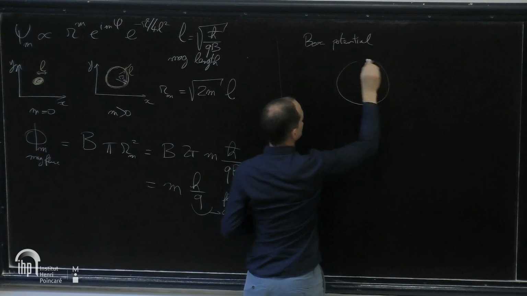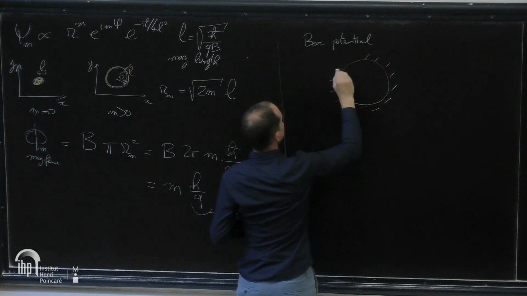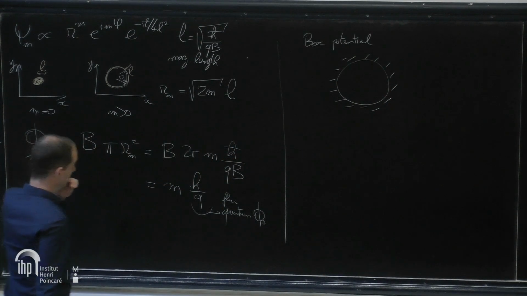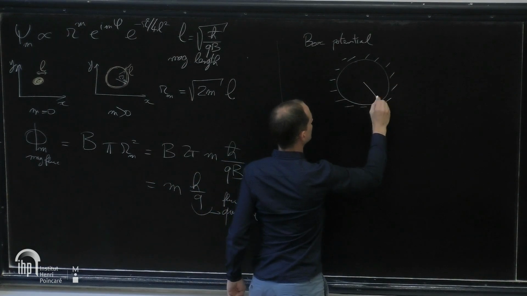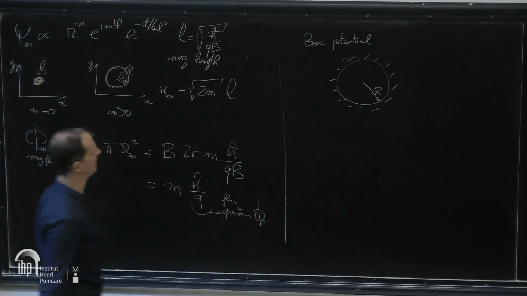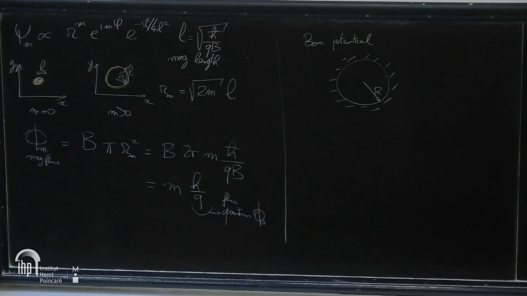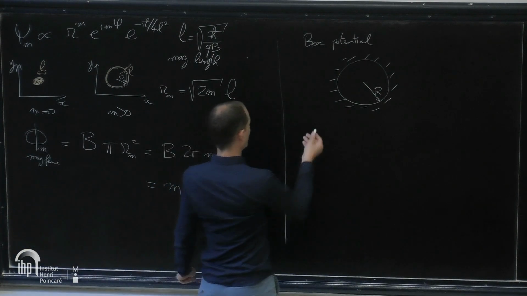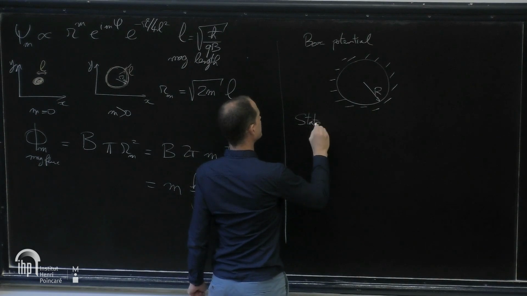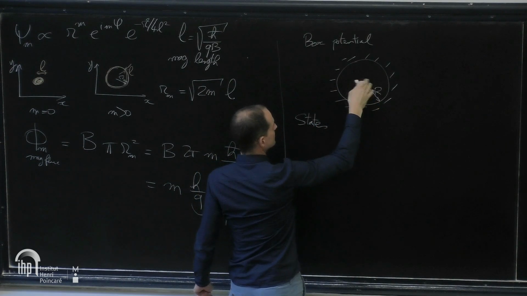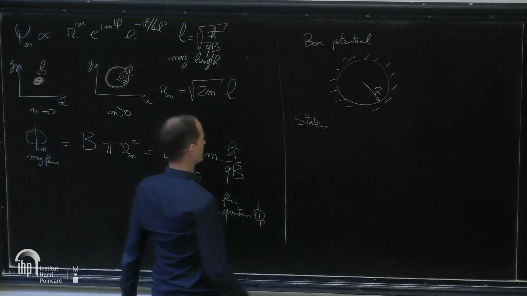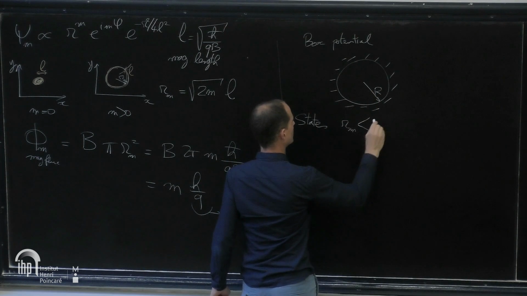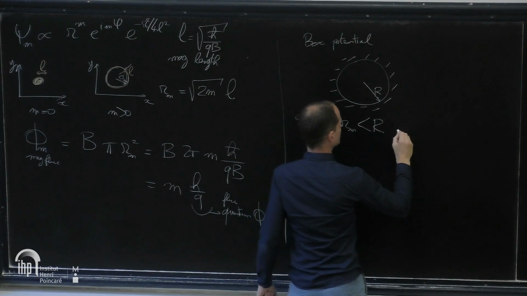I will use a circular box in order to maintain the rotational symmetry, with a radius capital R. And this box potential will actually lift the degeneracy between the states of the Landau level. But of course, what we expect is that states located within the area of the box, so states with Rm smaller than R, do not change.